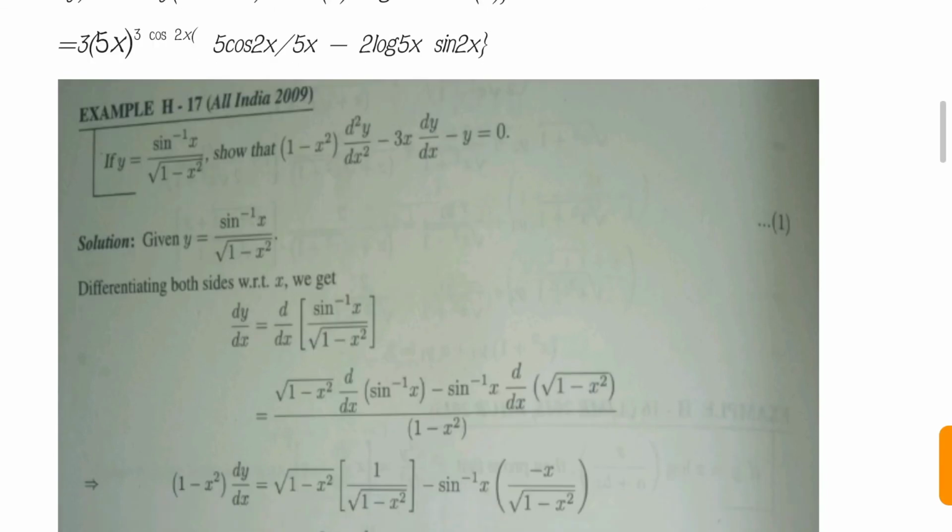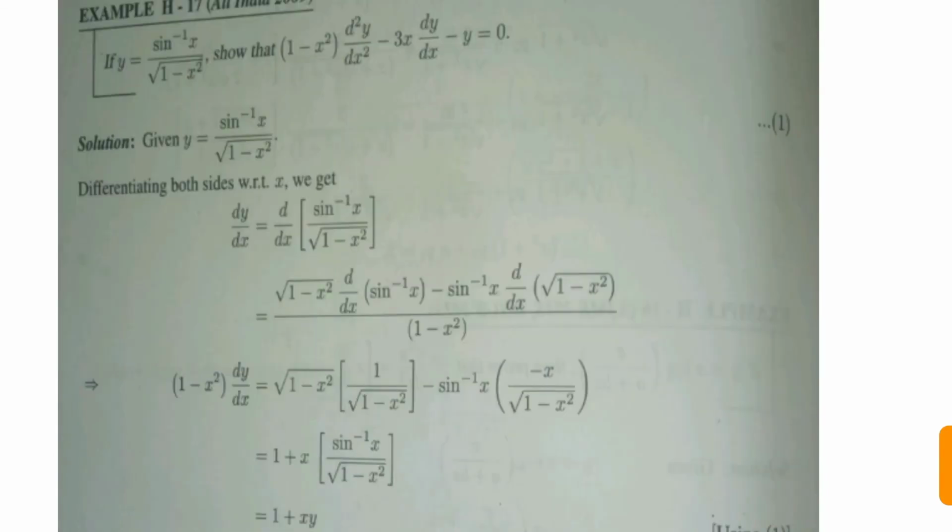Now in such questions we cross multiply and then we get the result. 1 − x² will be multiplied with dy/dx.